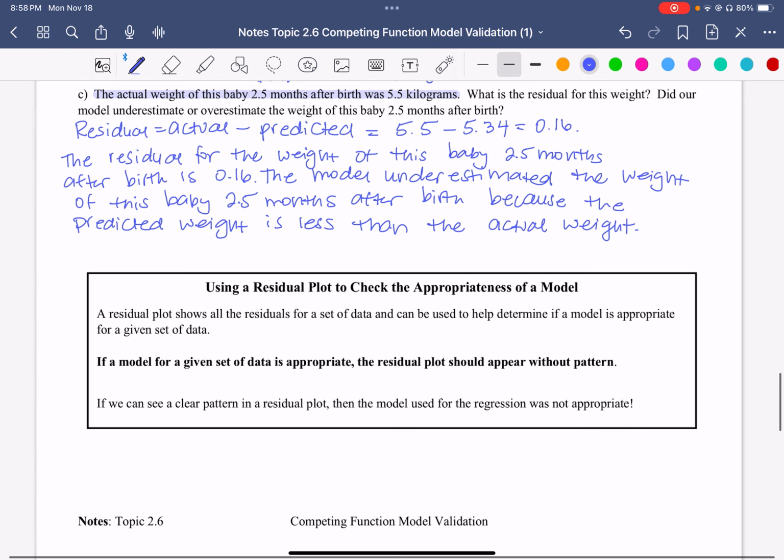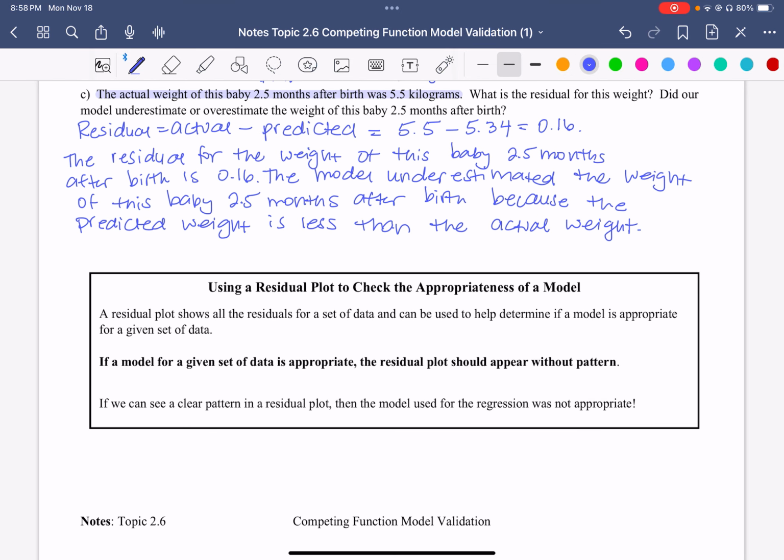So like I just said, the residuals change depending on the X values that you plug in. Okay, now there is a way to see all of the points and how far away they are. That's called a residual plot, and you can use a residual plot to check the appropriateness of a model. So a residual plot shows all the residuals for a set of data and can be used to help determine if a model is appropriate for a given set of data.